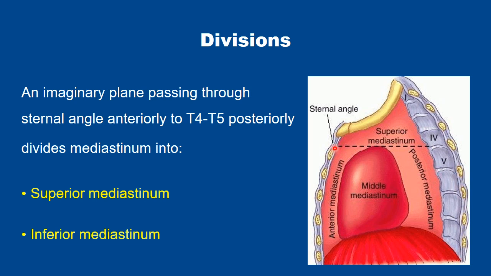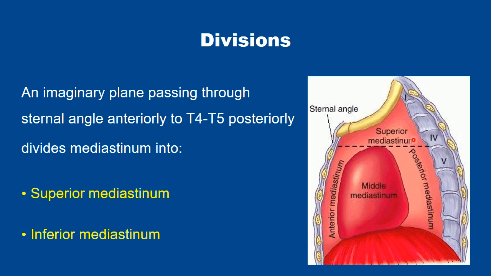Here we can also observe an imaginary line passing through the sternal angle anteriorly to the junction between the T4 and the T5 thoracic vertebra posteriorly. This imaginary line divides the mediastinum into two parts, a superior small part and an inferior large part.